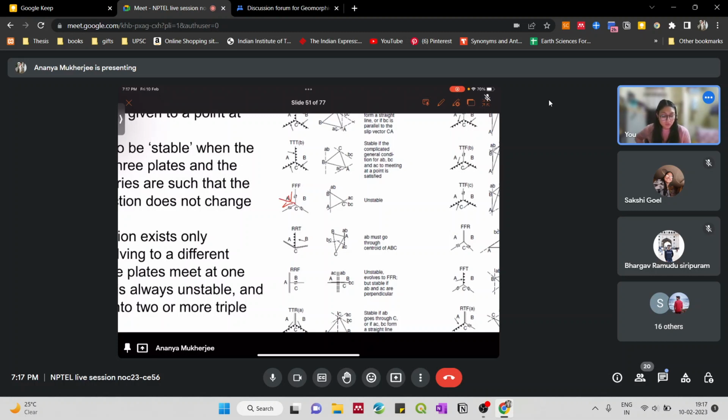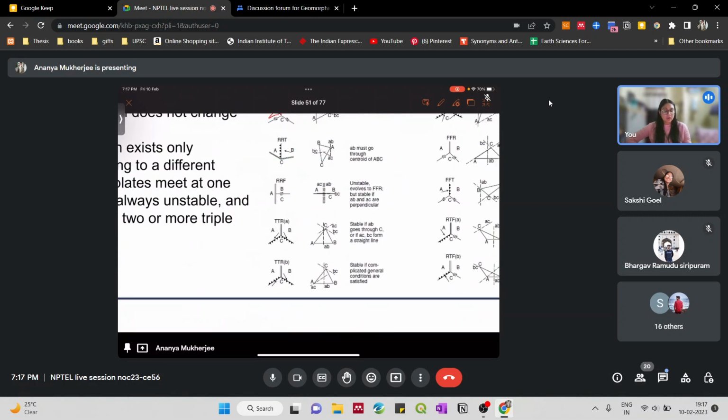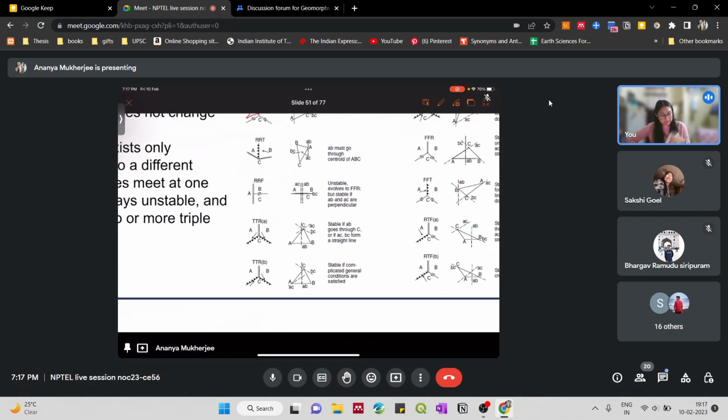Okay, so the fault will eventually turn probably into a ridge. Okay, so this is an unstable one. Now a stable one will remain stable probably, or it may convert into an unstable one as soon as the geometry changes between the plate boundaries or the plate boundary types change.